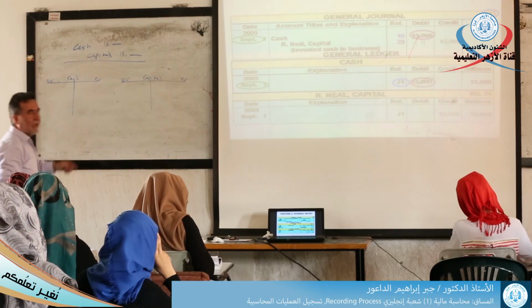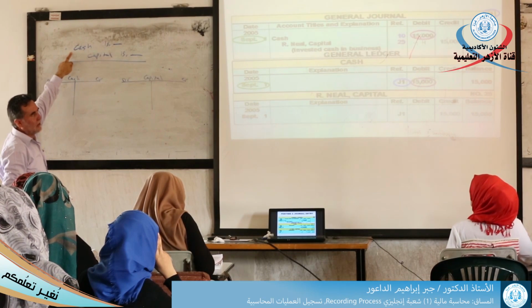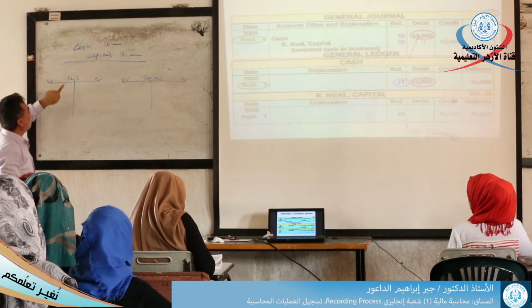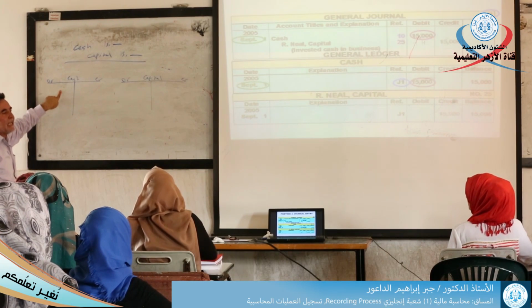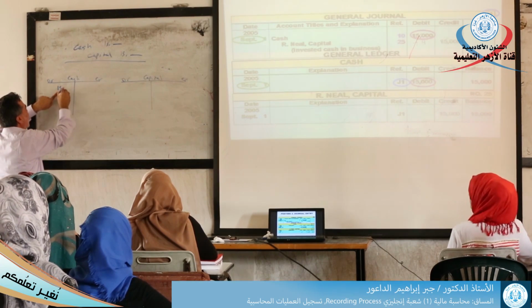So, cash is in the debit side. In the cash account's debit side, I will write the amount, which is 15,000.